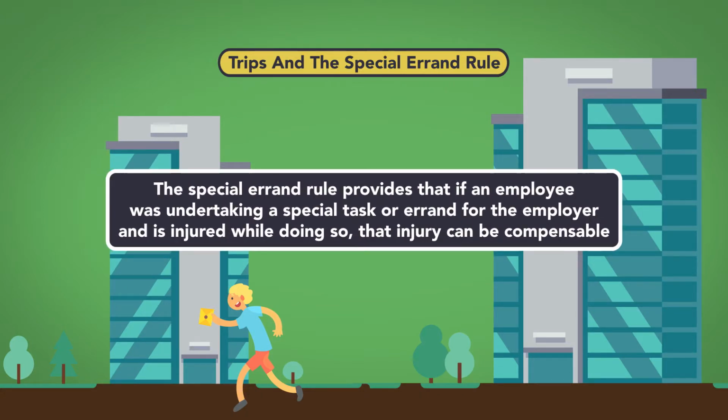Furthermore, the Special Errand Rule provides that if an employee was undertaking a special task or errand for the employer and is injured while doing so, that injury can be compensable no matter the time of day, the day of the week, or the location that the injury occurs.